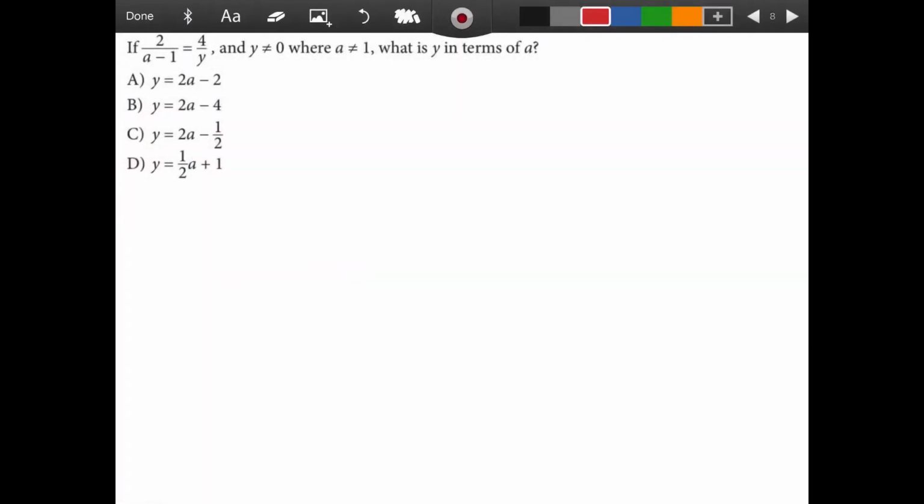Okay, so if 2 over A minus 1 equals 4 over y, y is not equal to 0, A is not equal to 1. What is y in terms of A? Let me rewrite it so I have a little room to work. Now, y in terms of A, basically we're just looking for what y is equivalent to.